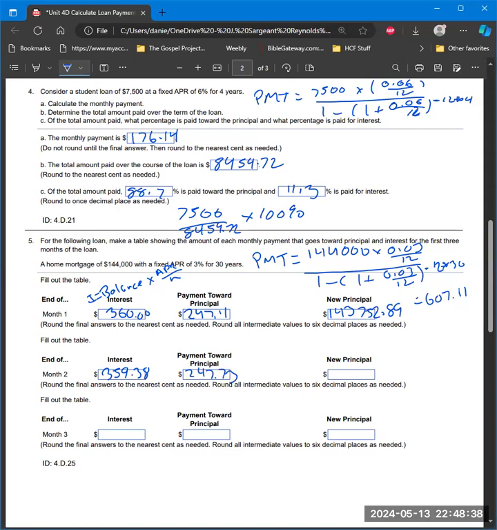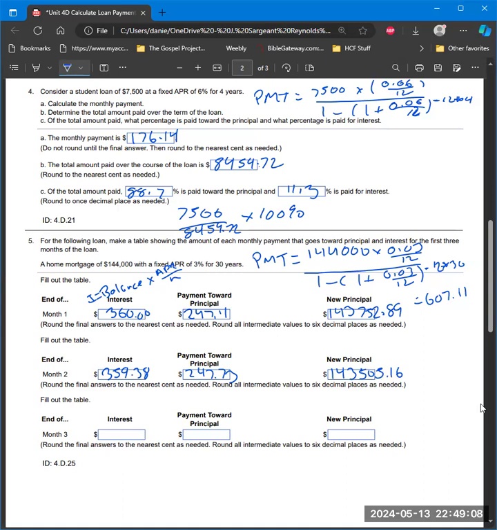Back that out of what is our current principal of 143,752.89 minus the 247.73 that we're paying towards principal gives us a new principal of 143,505.16.